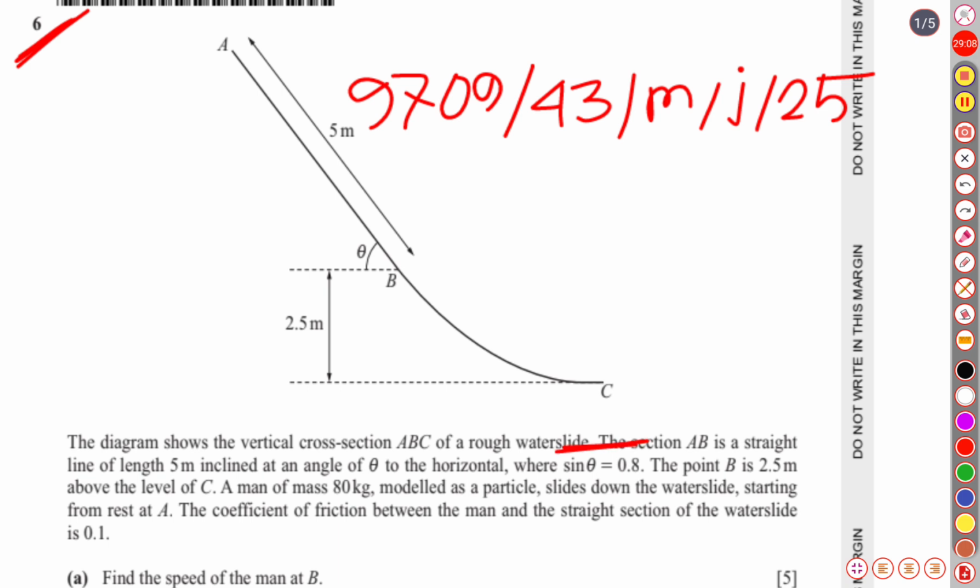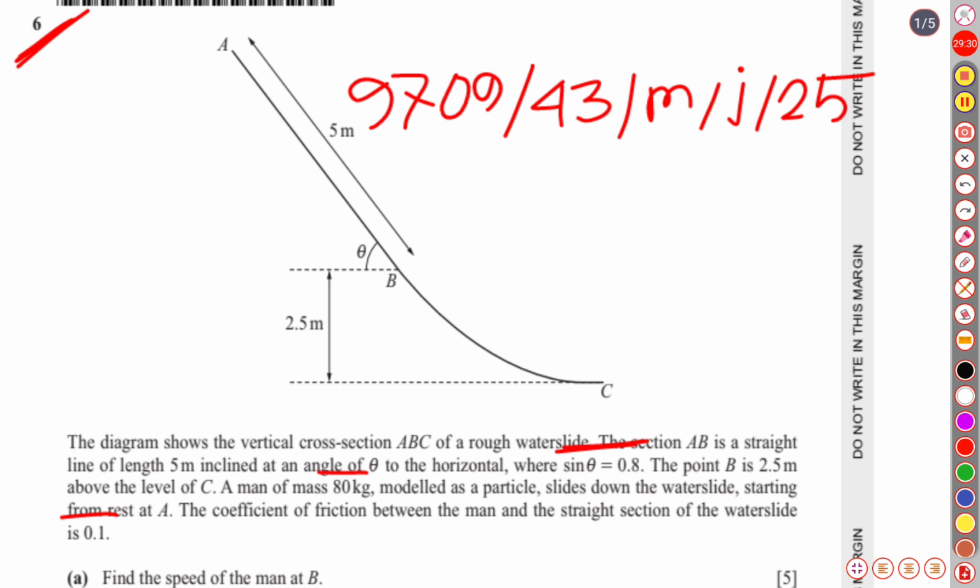The point B is 2.5 meters above the level of C. A man of mass 80 kg, modeled as a particle, slides down the water slide starting from rest at A. The coefficient of friction between the man and the straight section of the water slide is 0.1. Find the speed of the man at B.